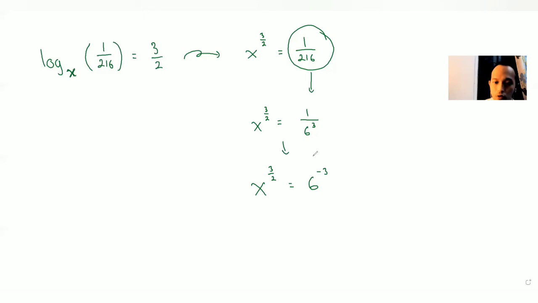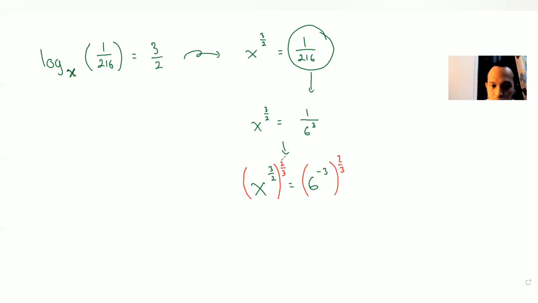Now how do we solve this one? I have to make the exponent 1, right? So I do the same thing to the left and right member. I raise both to the 2/3 power.